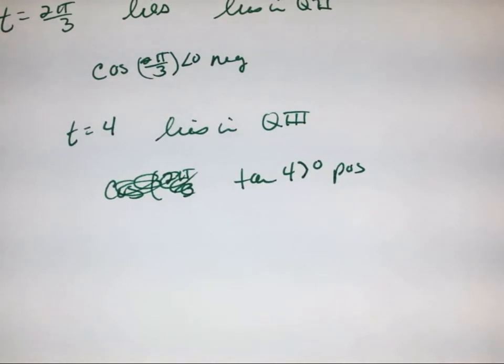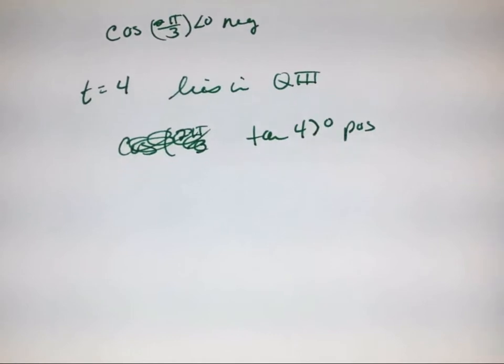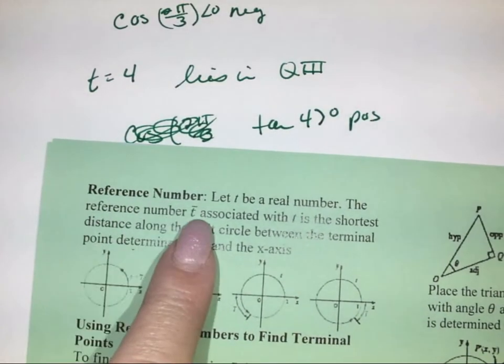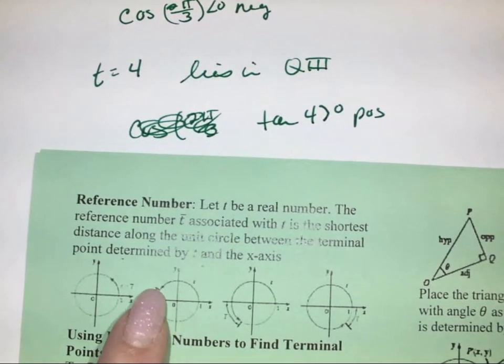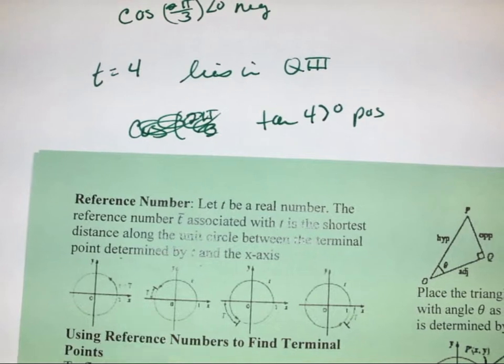So with that, we're going to find some reference numbers. We're going to use our reference number. If you remember, we did those last time. The reference number is how close we are to the closest x-axis.